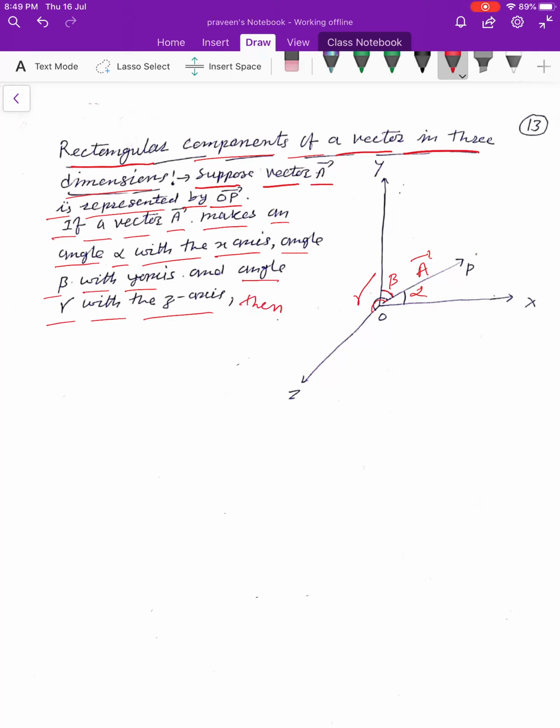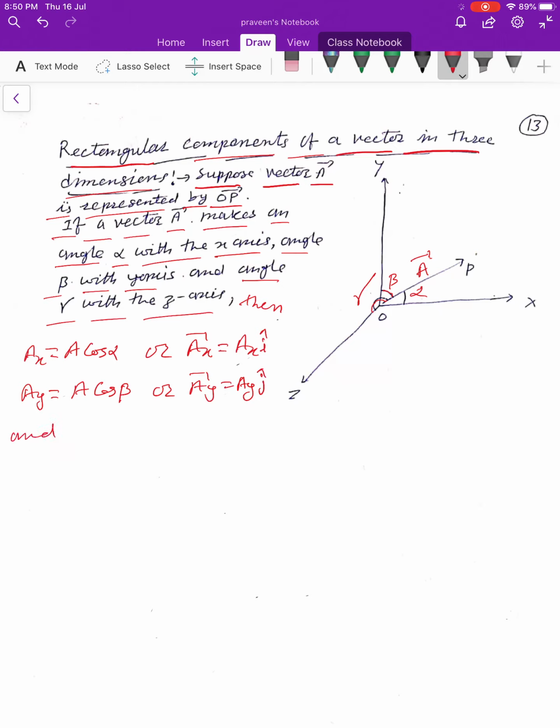Then Ax is equal to A cos alpha, or vector Ax is equal to Ax i cap, Ay is equal to A cos beta, or vector Ay is equal to Ay j cap, and Az is equal to A cos gamma, or vector Az is equal to Az k cap.